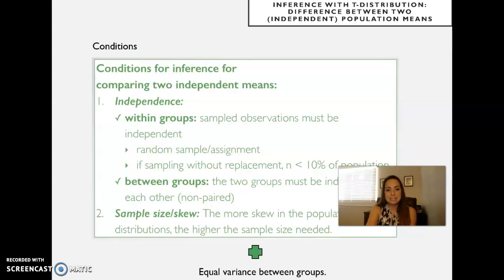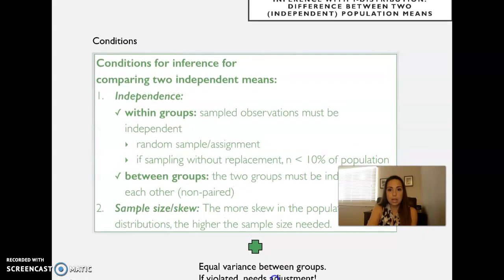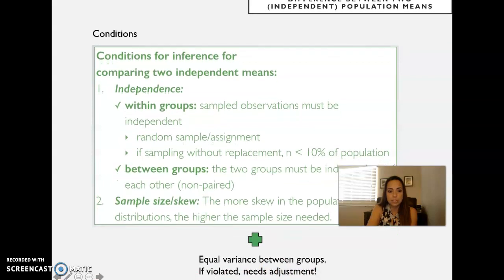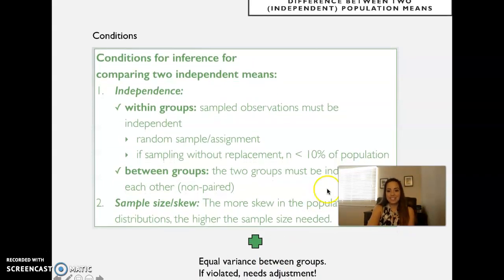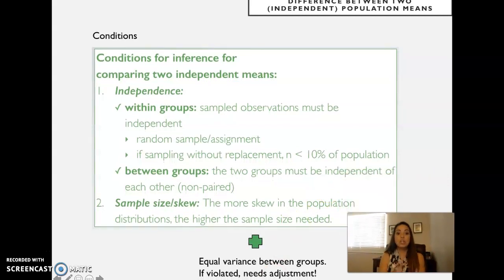So let's see. What are the conditions for us? Sorry, I'll put this down here for a second so you can read stuff here. So we're same title there and reading here. All right. So what are the conditions for me to run an inference for comparing 2 independent means with t-test? Independence of observations continues to be important.